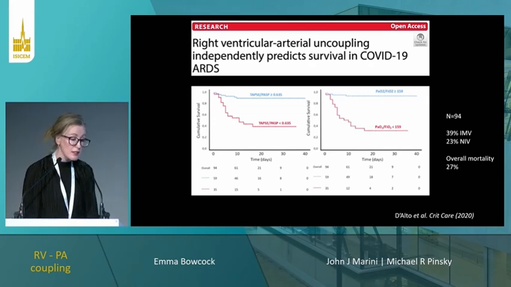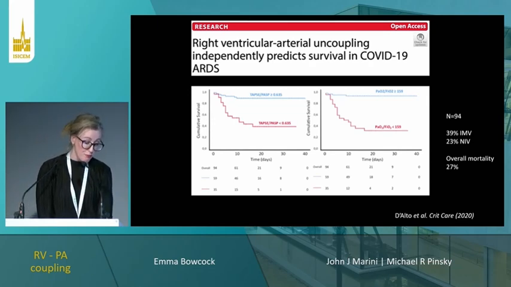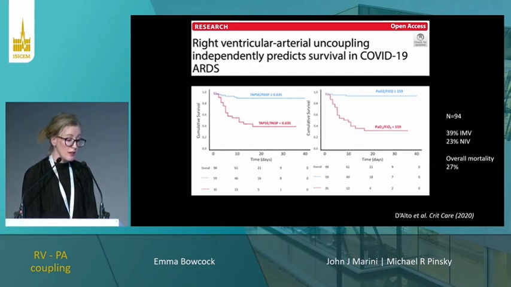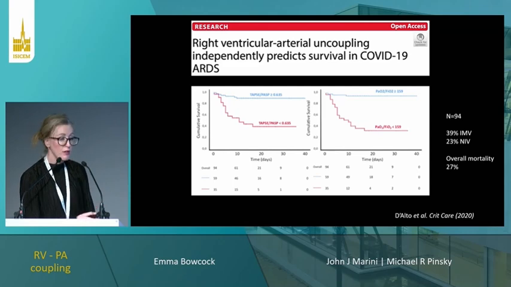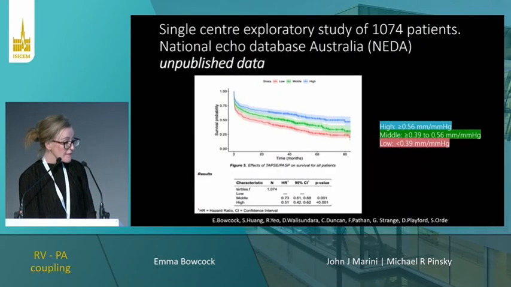The D'Alto study from Critical Care back in 2020 showed that in COVID patients, these parameters also have prognostic significance, with the TAPSE to pulmonary artery systolic pressure ratio as well as the PF ratio both emerging as independent predictors of mortality. This is unpublished data.